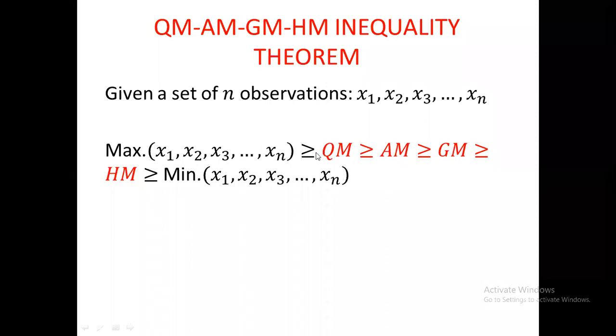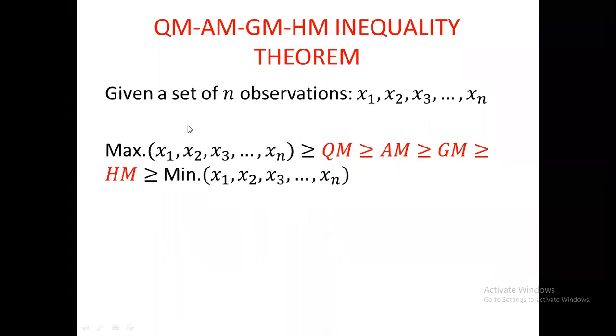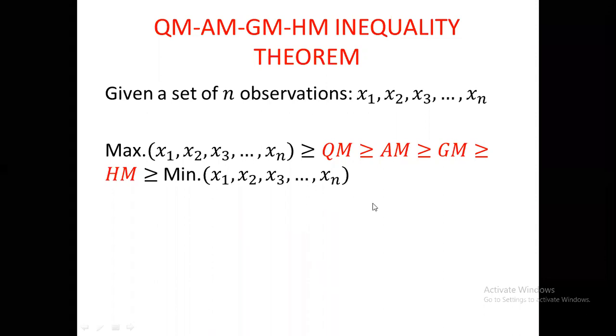And again, any of the means you compute is greater or equal to the minimum value among the observations you're given. So that's what the max and the min mean. The main theorem is what is in red. I just brought max and min to re-echo what I said in the previous class.